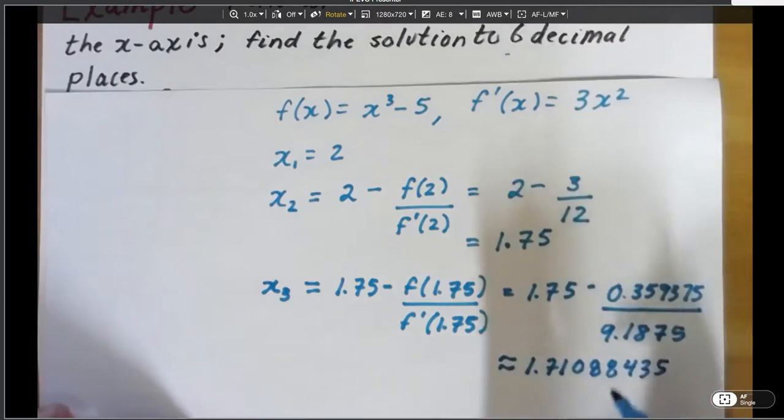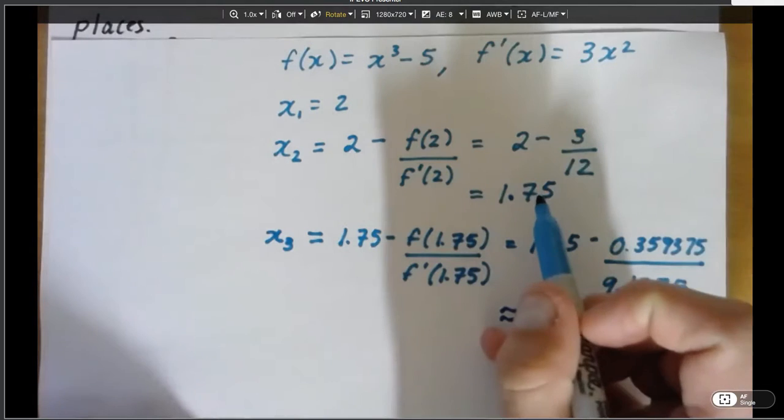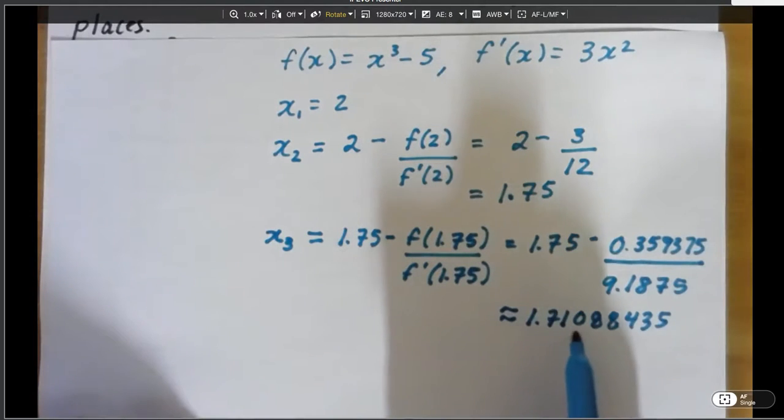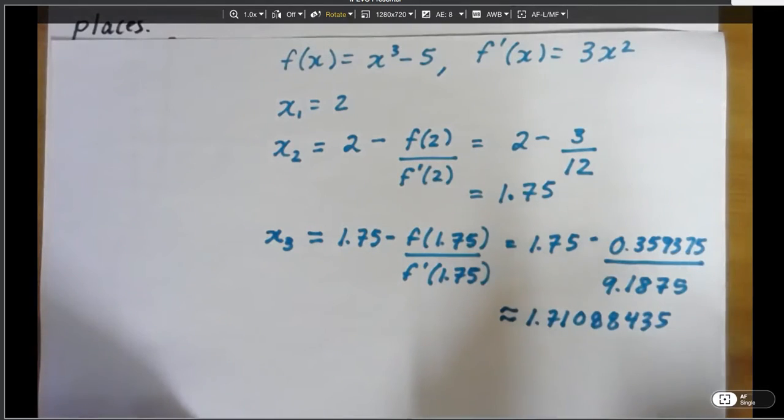Notice how that drops off: I go from 1.75 to about 1.7108. So I'm getting even closer to that value.